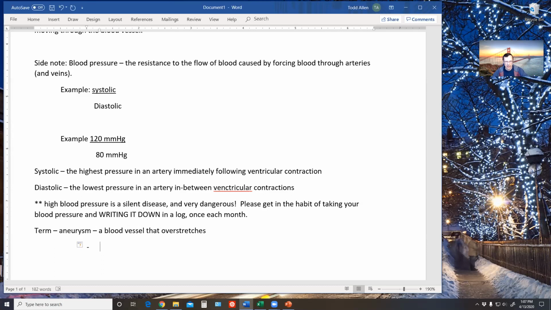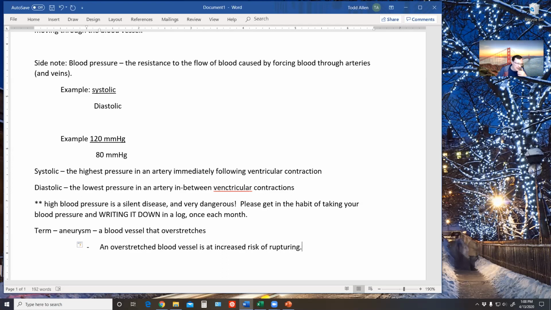The aneurysm is the overstretched blood vessel that then is at increased chances of breaking apart. An overstretched blood vessel is at increased risk of rupturing, and obviously, if that happens, that could be life-threatening.